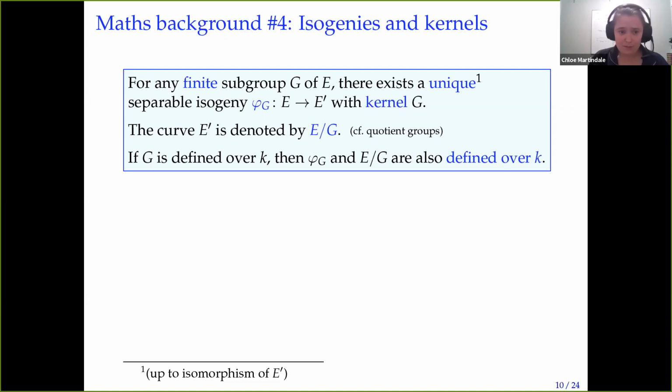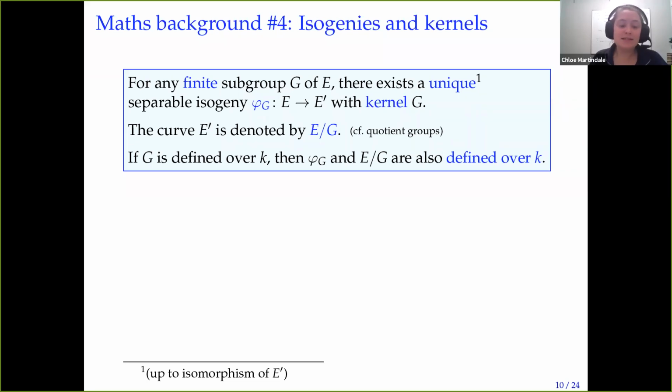The precise statement is that for any finite subgroup G of E, meaning points in the algebraic closure, there exists a separable isogeny phi_G mapping E to E', unique up to isomorphism of E', with kernel G. So given a subgroup, you can construct an isogeny with that kernel.